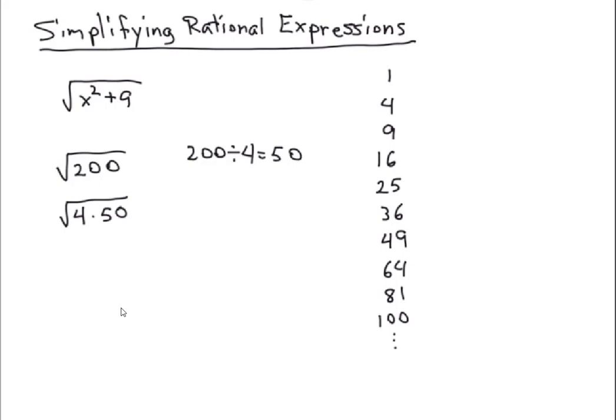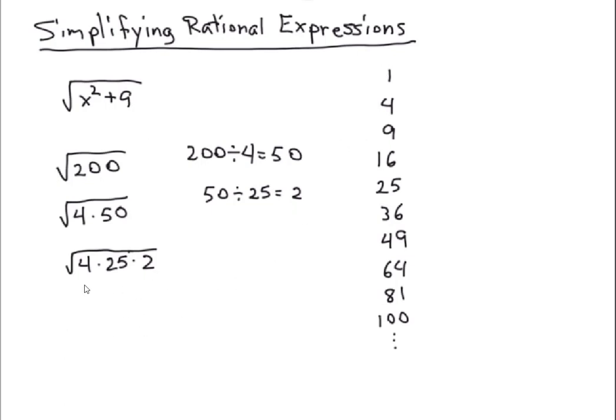So 50 divided by 25 equals 2. So now that this is, we're going to be able to split that up. So this is going to be 25 times 2. And now looking at what we have left, 2, nothing on this list goes into 2 except for the 1, which again doesn't do us any good.